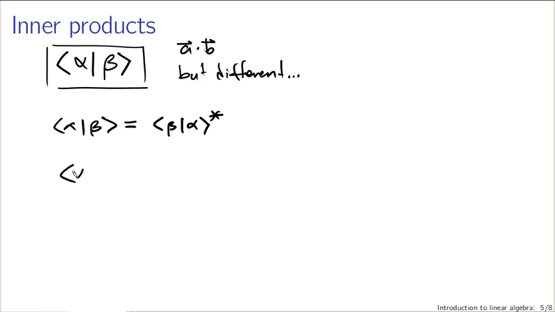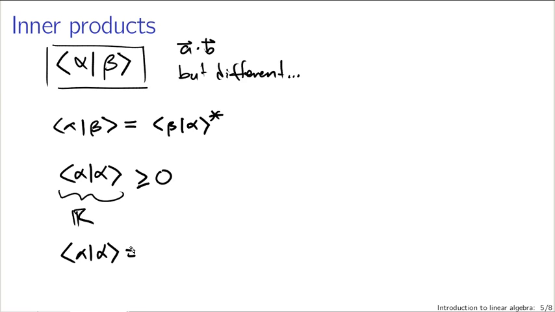For instance, if I take the inner product of the vector alpha with the vector alpha, you get a real number, and it's going to be greater than or equal to 0. You also know, and this should hopefully not surprise you, that the inner product of alpha with itself equals 0 if and only if alpha is equal to the 0 vector.